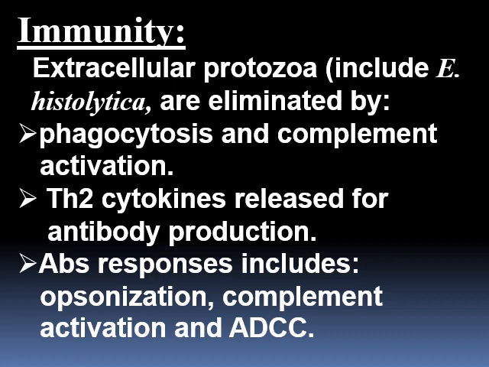Immunity. Extracellular protozoa, including Entamoeba histolytica, are eliminated by phagocytosis and complement activation. T helper 2 cytokines are released for antibody production. Antibody responses include opsonization, complement activation, and ADCC, antibody-dependent cytotoxicity.